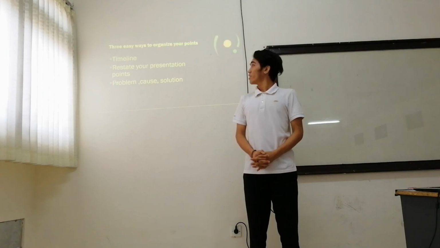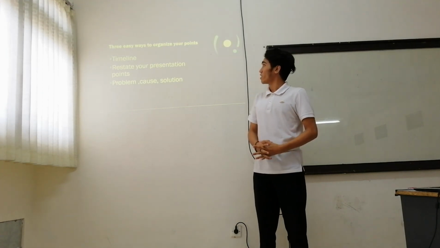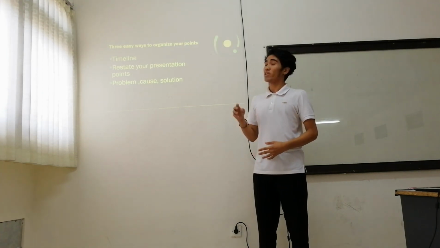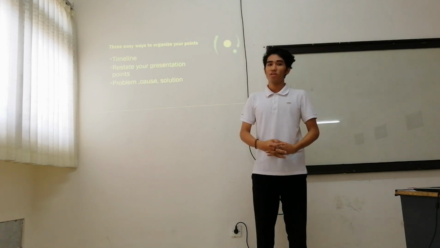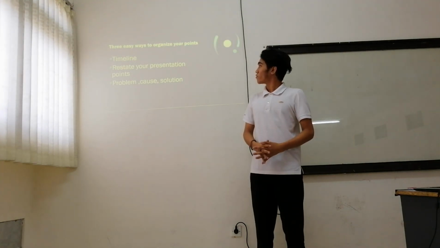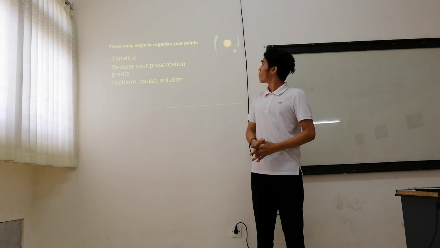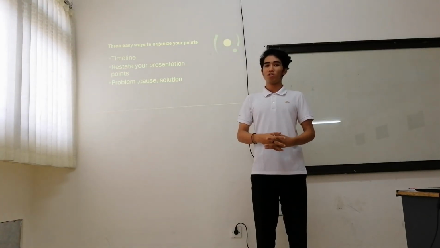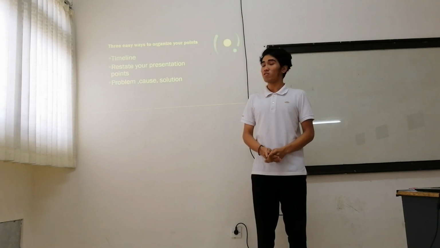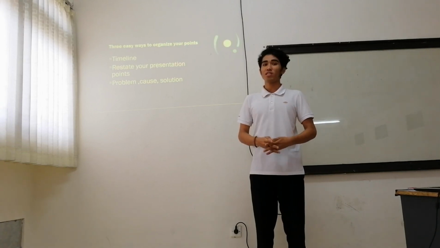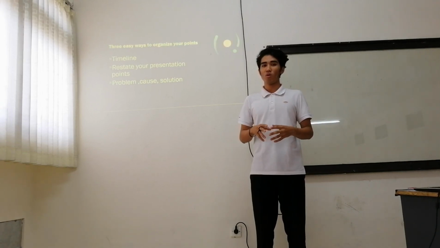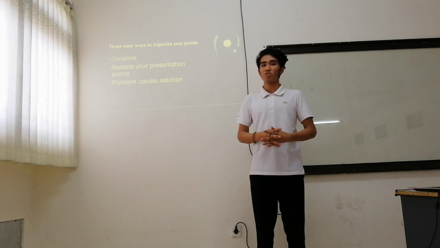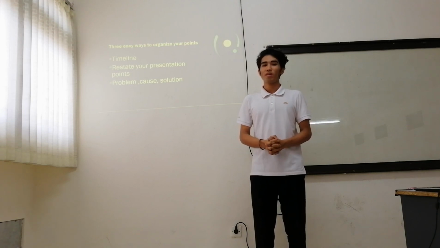And now, it is the last slide of the presentation. It talks about 3 easy ways to organize your points. Here, I have 3 main points to organize the points that you would like to consider in your presentation. First is the timeline. It's a kind of chronological order to your presentation in order to make it more appropriate.